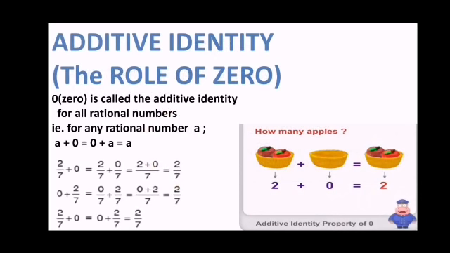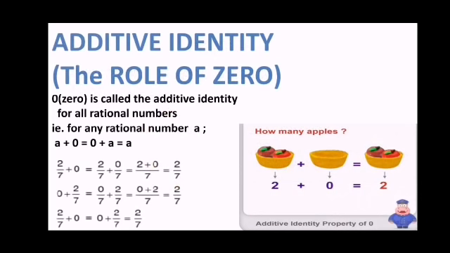Means a plus 0 is equal to 0 plus a equals a, the same rational number a. Example, if we take the rational number 2 upon 7 and add it with 0, what will we get? We will get 2 upon 7 only. Or 0 plus 2 upon 7, we will again get the same rational number 2 upon 7.